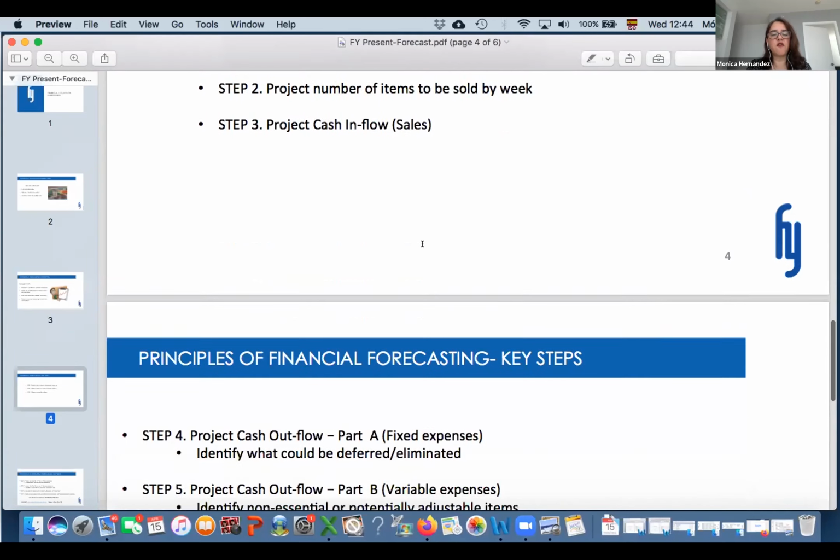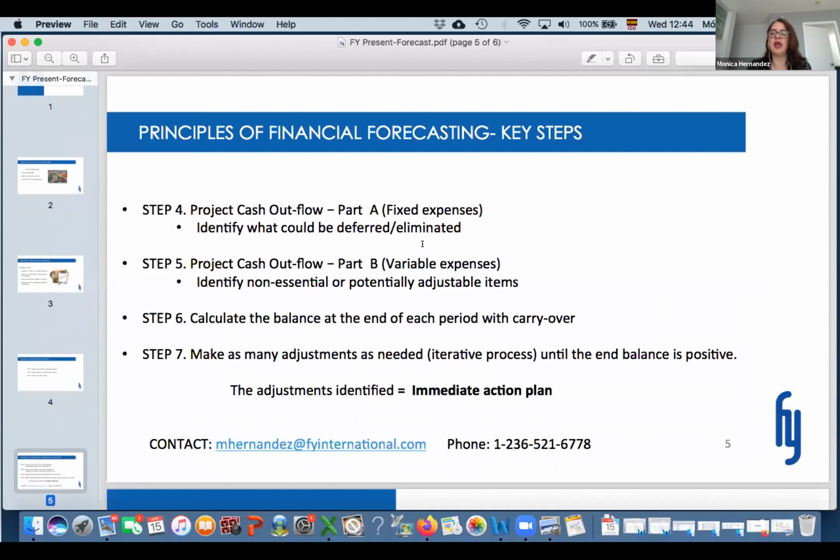The next 4 steps, 4 and 5, are related to expenses, so to cash outflow. First of all, you need to identify your fixed or semi-fixed expenses. Once you've done that, you need to identify which ones could be adjusted, and by adjusted I mean either eliminated, deferred, or diminished.